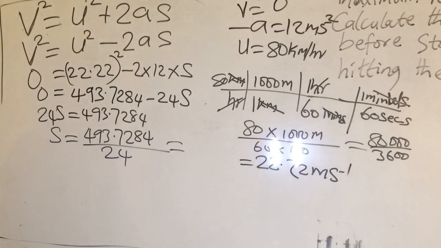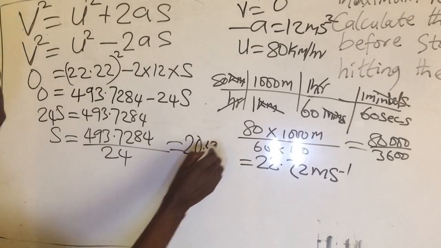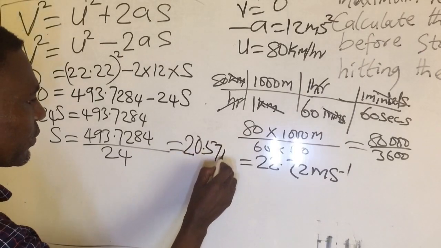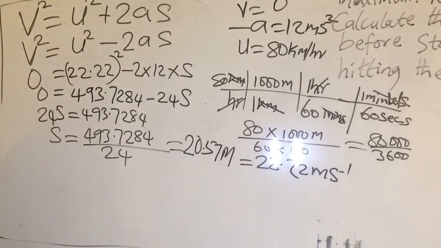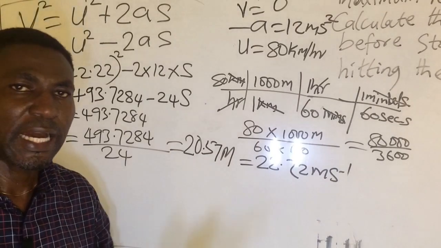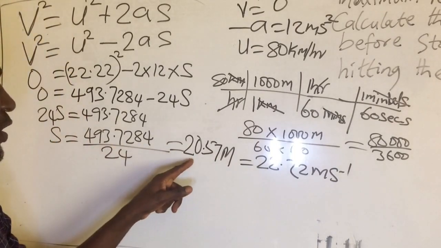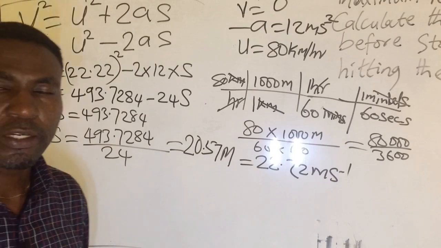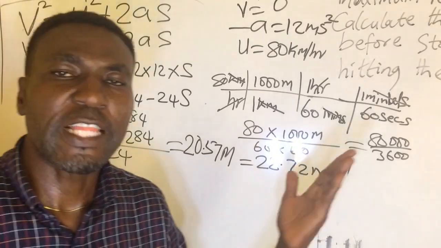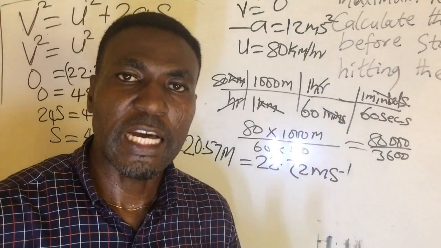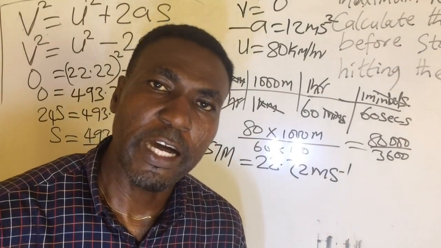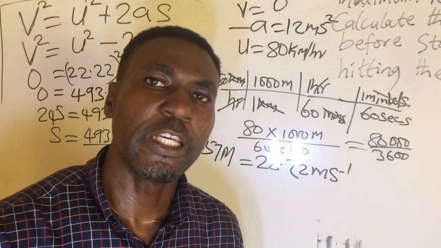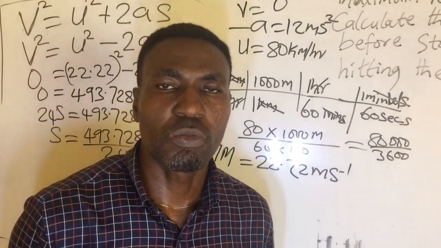When we divide by 24, we have 20.57 meters. Can you see now that the car stopped at a distance of 20.57 meters? So it's not up to 30 where the goat is. That means the driver did not kill the goat.